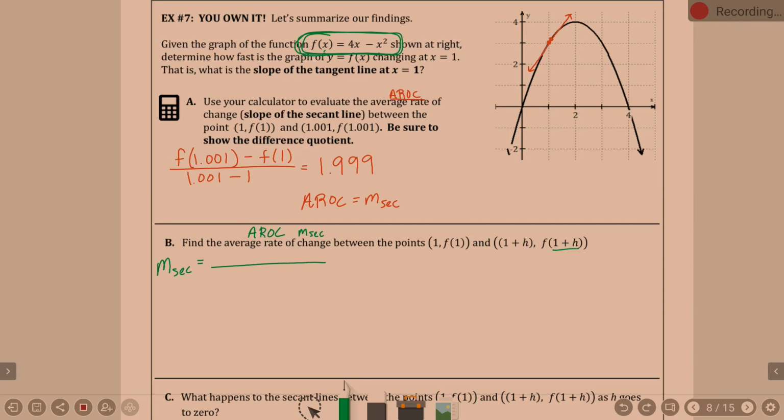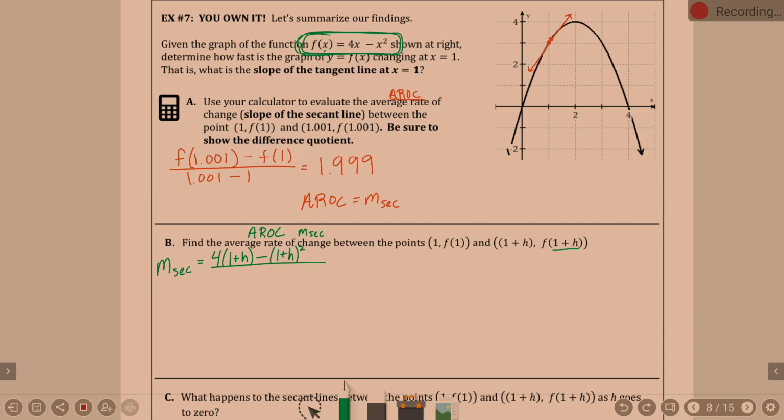So 4x is going to be 4 times 1 plus h, minus x squared means I'm going to be subtracting 1 plus h squared. Are you guys with me on that? So that's f of 1 plus h.